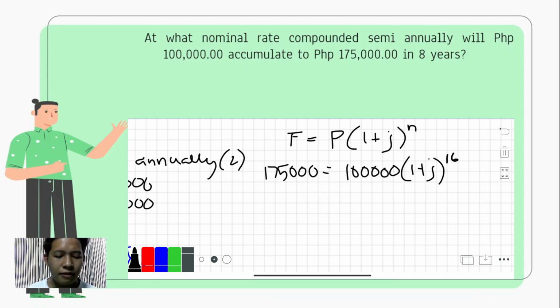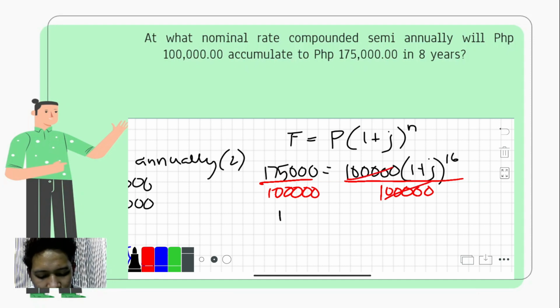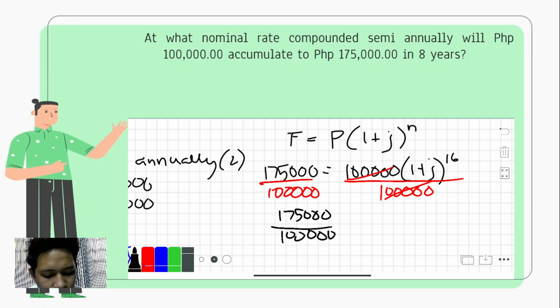And then, what we're going to do, since ang hinahanap natin dito ay J, so ano po yung pwede muna natin galawin? So, that is for us to divide both sides by 100,000 para matanggal yung 100,000 dito sa kabilang side ng equation. So, we'll be having 175,000 over 100,000 equals 1 plus J raised to 16.